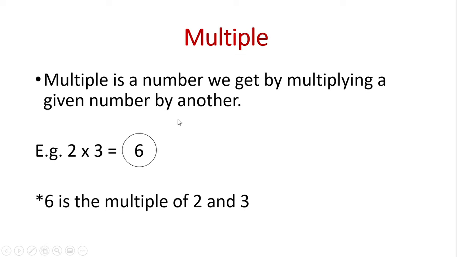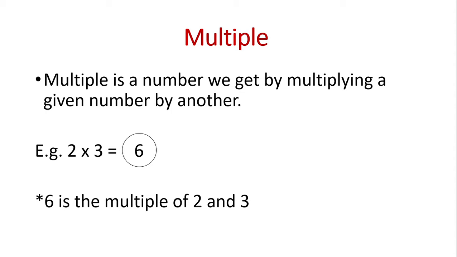Next, we are going to be learning about multiples. A multiple is a number we get by multiplying a given number by another. For example, 2 into 3 is 6. Now 6 is a multiple of 2 and 3. So whatever number you multiply, you will get a multiple.